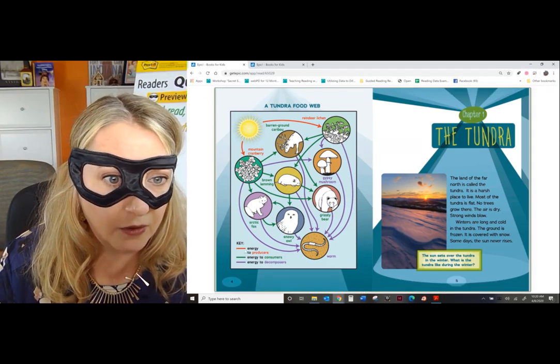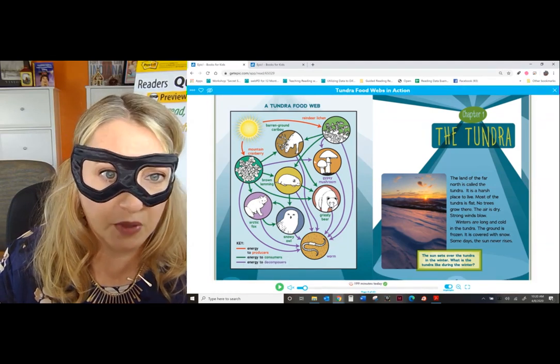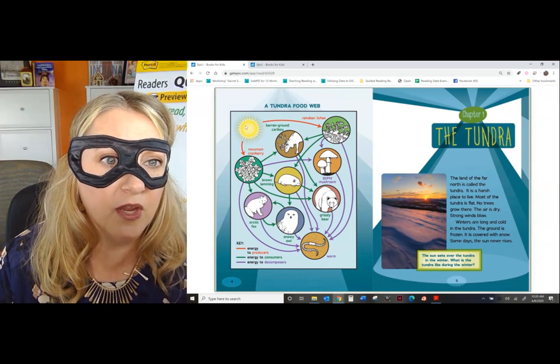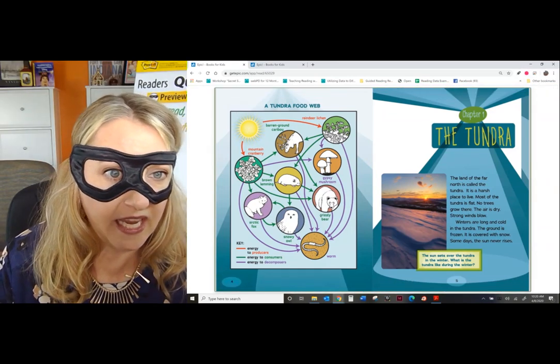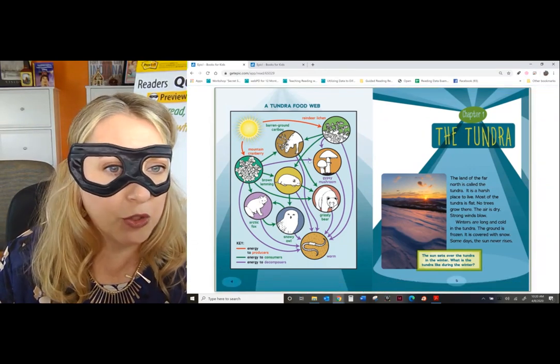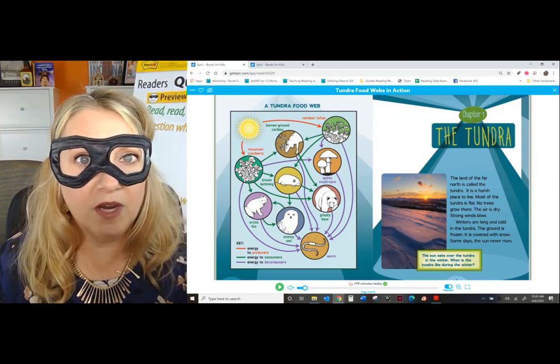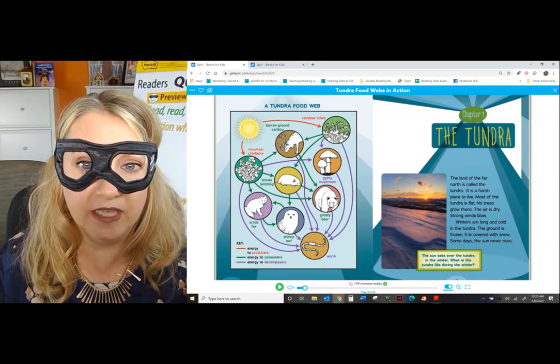We got green arrows, energy to decomposers. We've got purple arrows. Okay, so the sun gives energy to the plants that get eaten, but I'm really confused by this. So like, does a mushroom eat a plant? That's one of my confusions. I'm just questioning that. Hopefully they'll tell me when we read it.